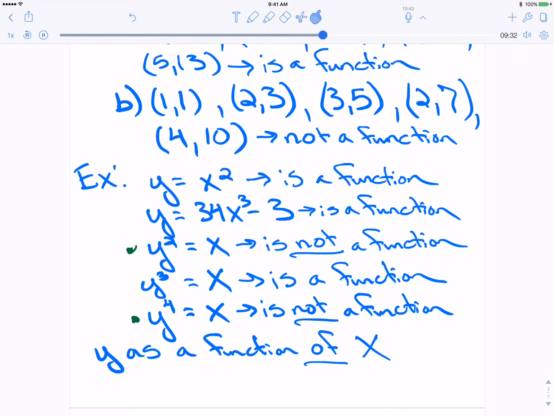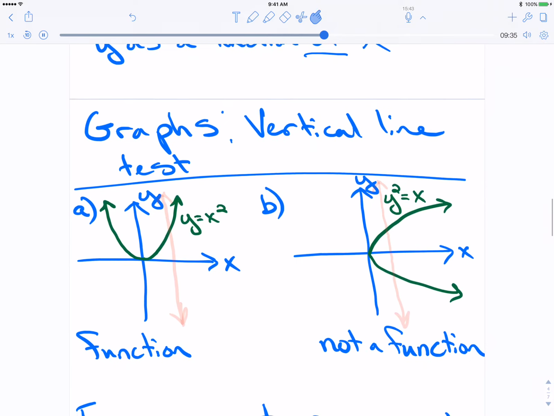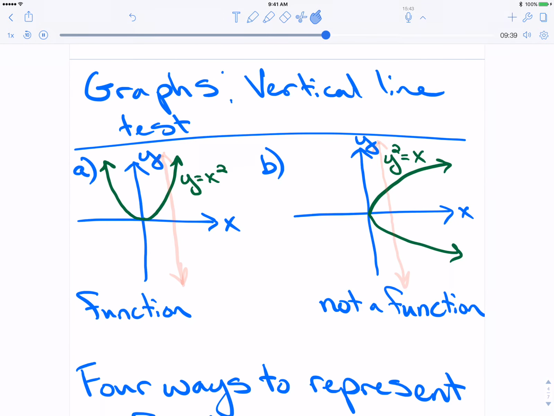Usually the fastest way for most students to determine if an equation is in fact a function is to look at its graph, because it's a very visual representation of what we're talking about. What we use for this is called the vertical line test. What you would do is draw a vertical line through the graph, which I'm going to do in red.